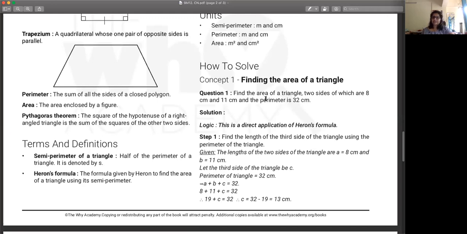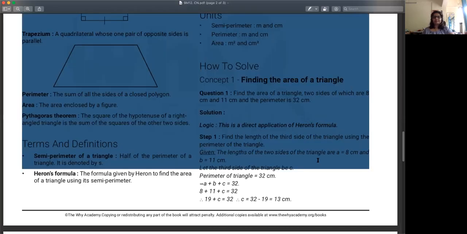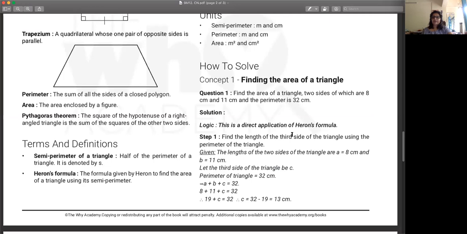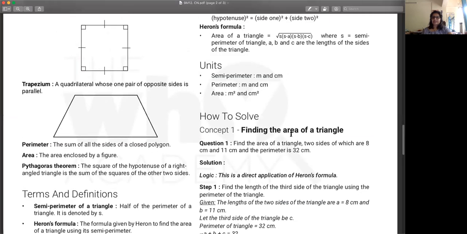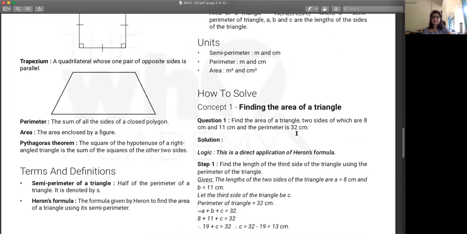This is a very direct problem. We have two sides and the perimeter, so you can easily find the third side. And once you have the three sides, you can directly apply Heron's formula to find the area. So why don't you guys do this and then tell me what the final answer is, what the area is, and then we can move forward.